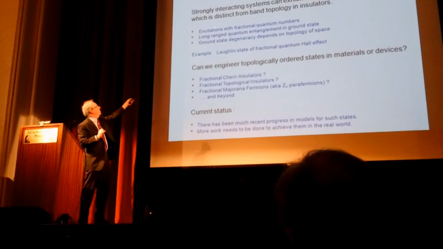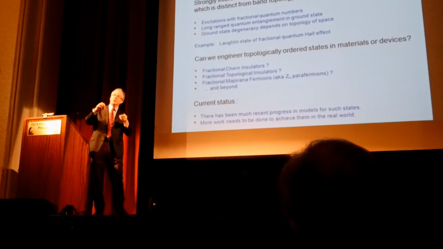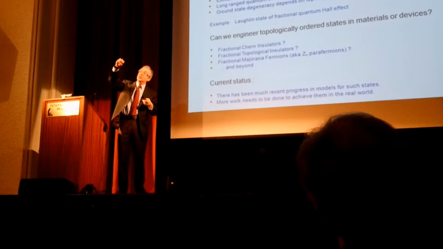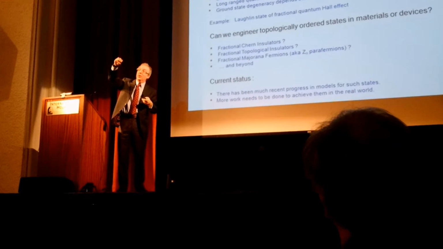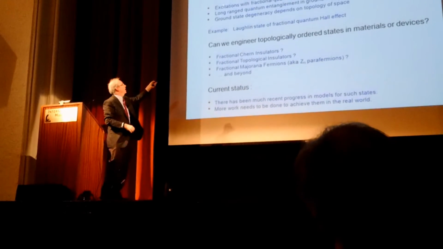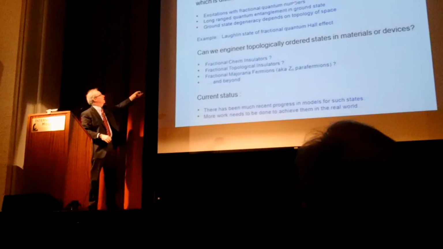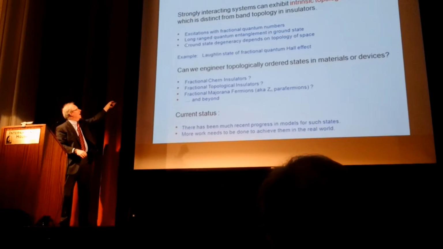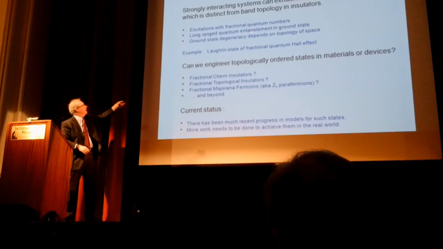So for instance, you can have excitations where the excitations are particles, but the particles have a charge which is a fraction of an electron, like 1/3. Okay? You can have electronic states that have very highly long-range quantum entanglement.